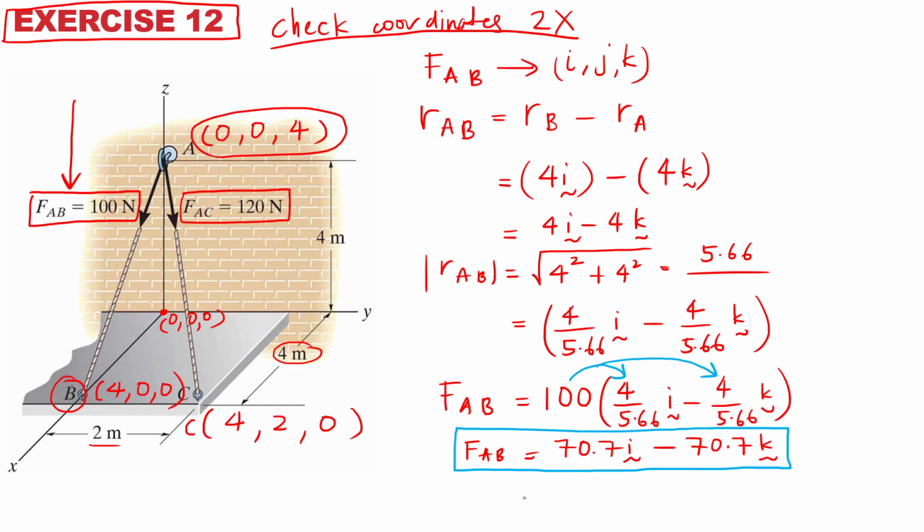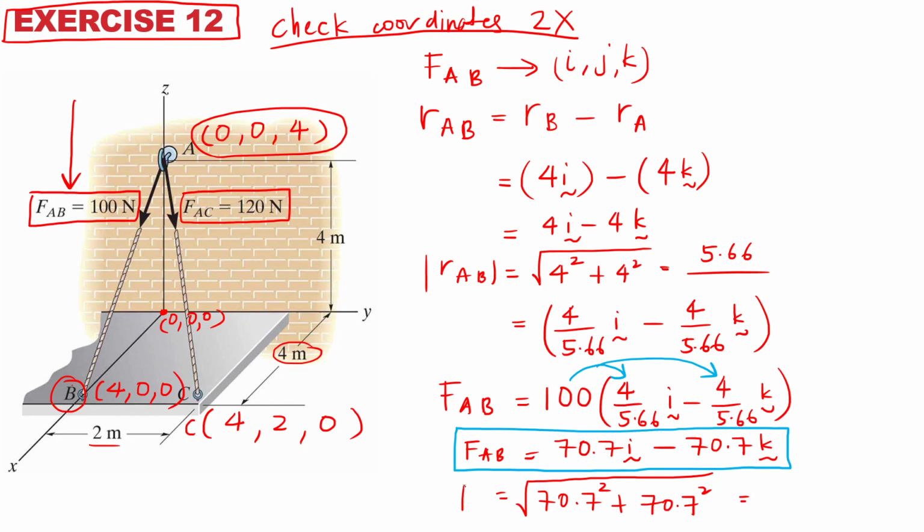So you can always check, what is the value, is it correct? So let's check. 70.7 squared plus 70.7 squared, square root. What is the value?